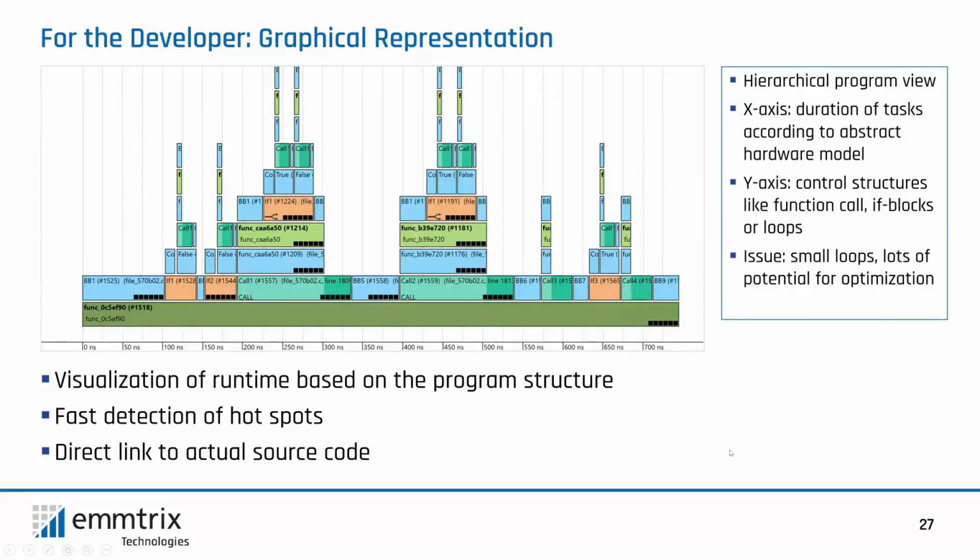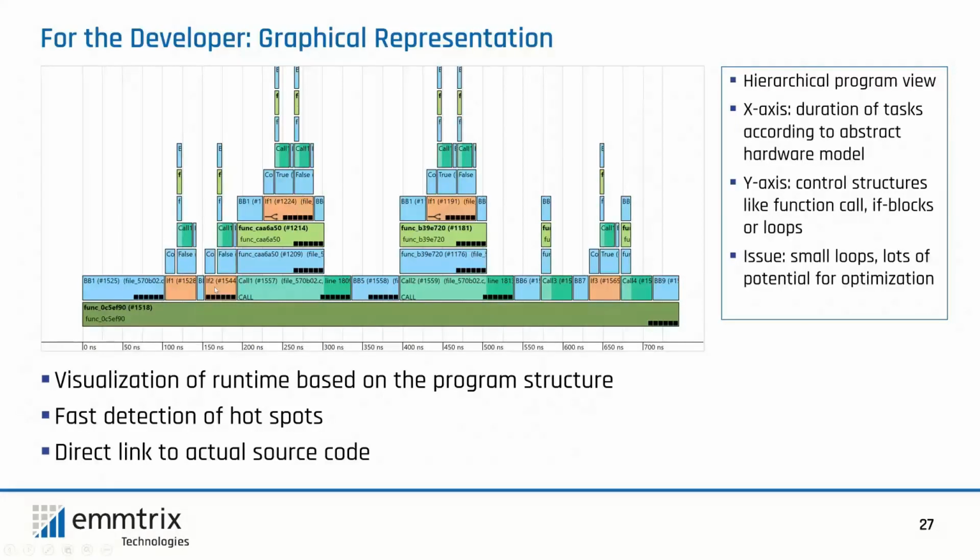For the developer, we provide this graphical representation. So if you have the continuous monitoring and see we have a case, oh, there might be an issue with it, then we provide this hierarchical visualization. The idea is the width here corresponds to the actual runtime of the block, and the y-axis shows us the structure of the program. So basically, we have here a function.